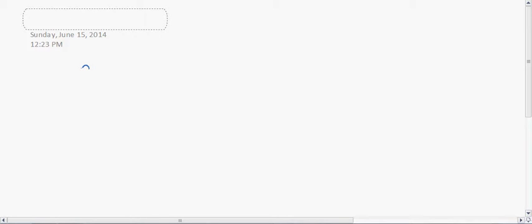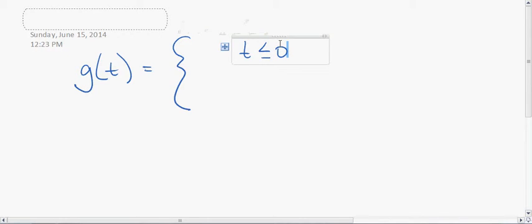So here's another piecewise function, g of t. Maybe the independent value is time. I'm going to define the piecewise function g of t in this way. When t is less than or equal to 0, my function is going to use t squared to describe it.